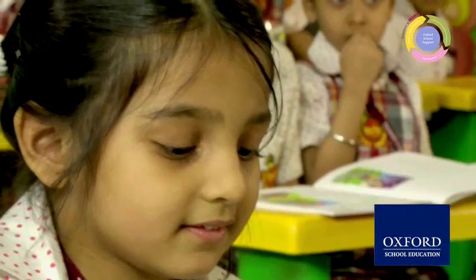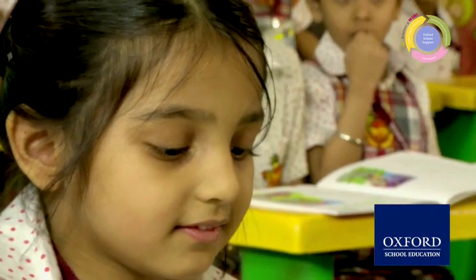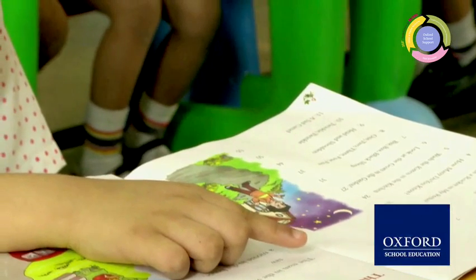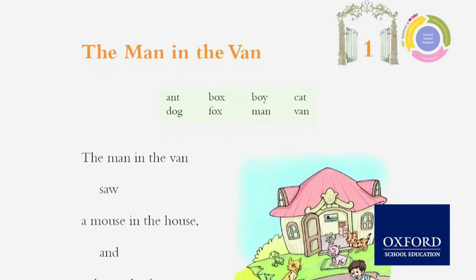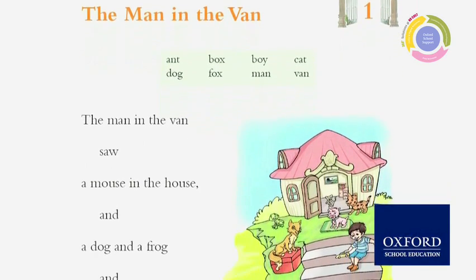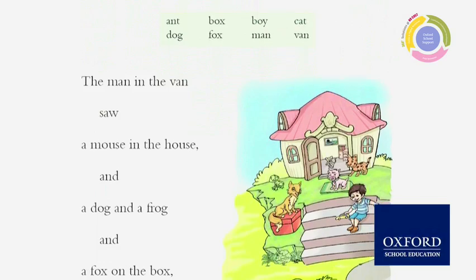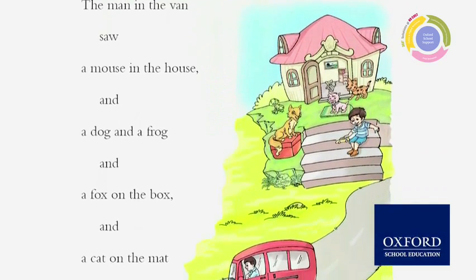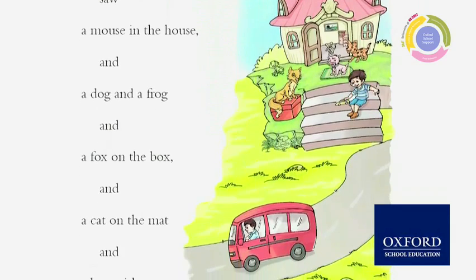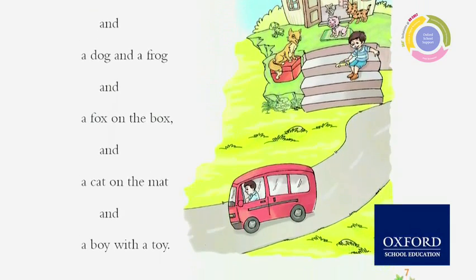If you look at Gateway, you will see that we use rhyme, rhythm, and repetition even in the reading passage, as this makes it easier for the children to learn. Here is the Lesson 1 text. The man in the van saw a mouse in the house, and a dog and a frog, and a fox on the box, and a cat on the mat, and a boy with a toy.